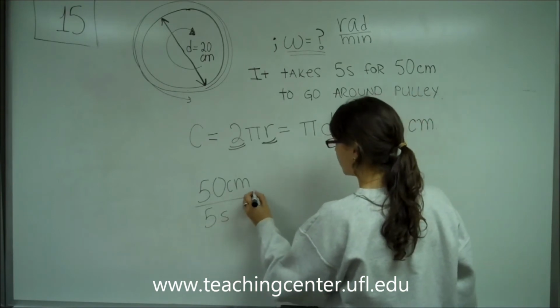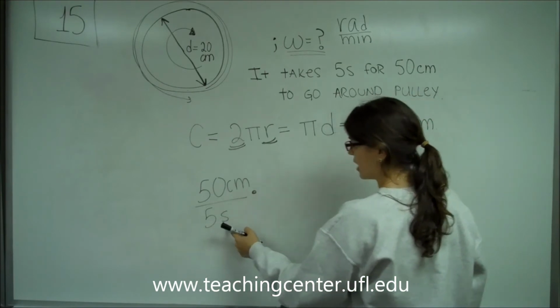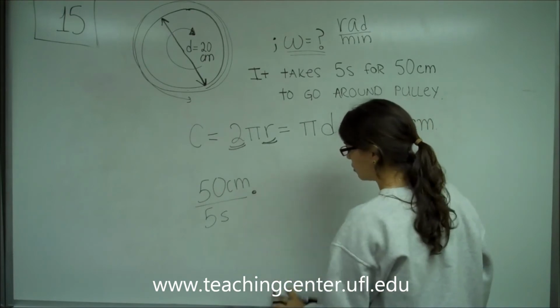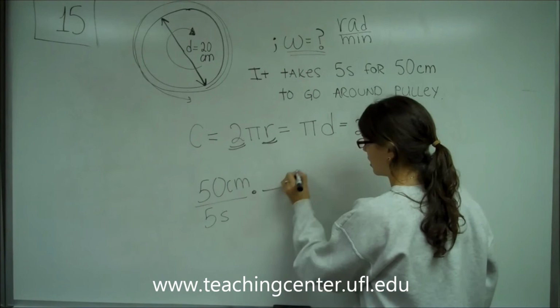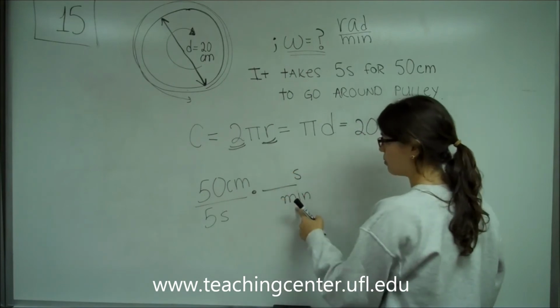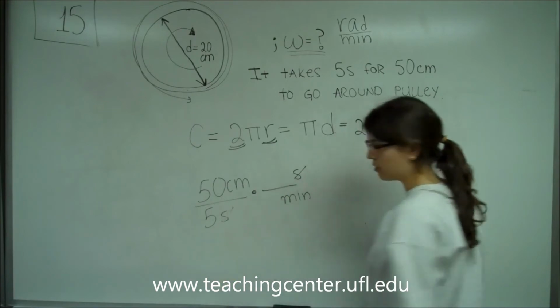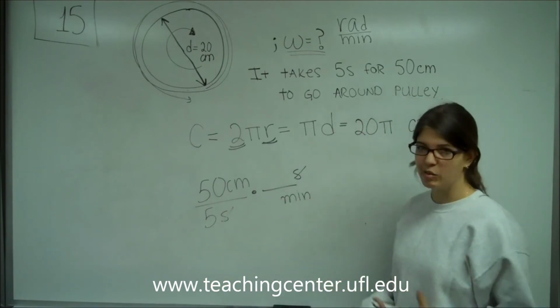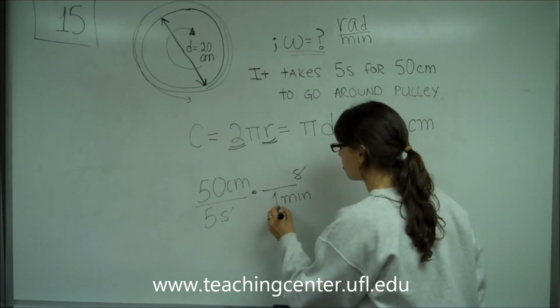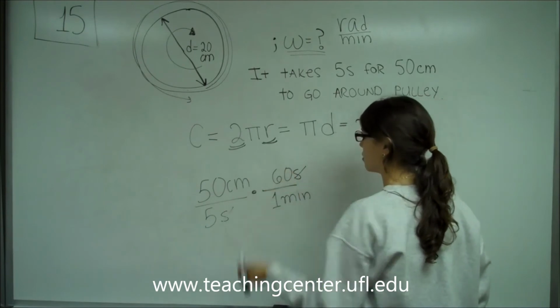First, I want this in terms of minutes, so I need to write seconds on top and minute on the bottom, so that the seconds cancel out. So basically I'm playing a game of units a little bit in this problem. For every 1 minute, there's 60 seconds.